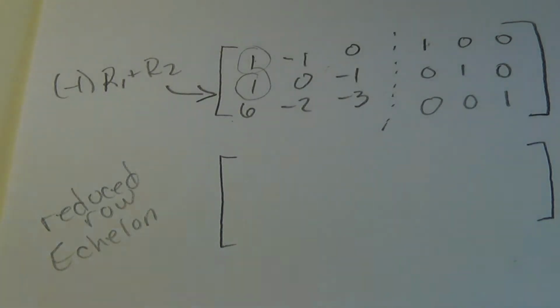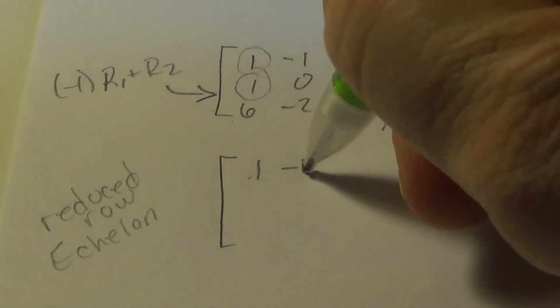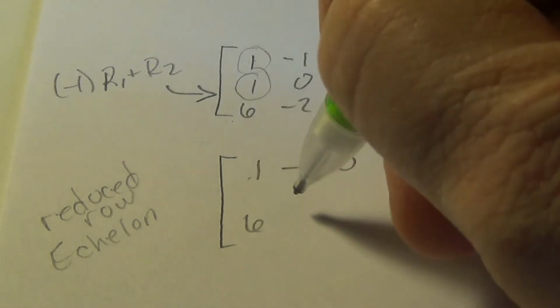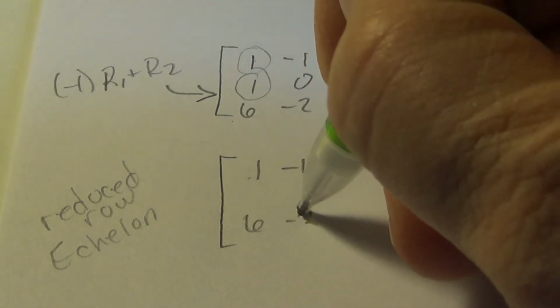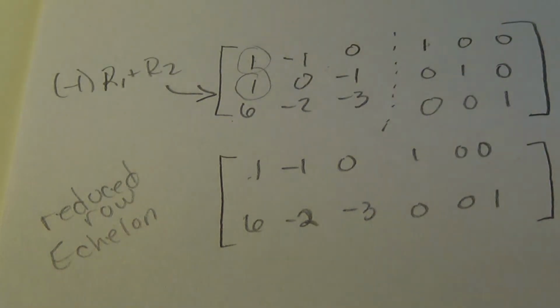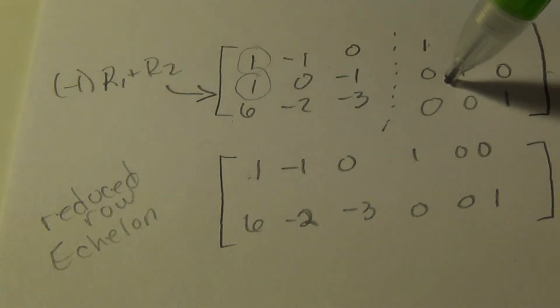All right, when I do that, I get the first row and the third row unchanged. So I always try to avoid mistakes by putting those in first. And the only one that changes is this one. I multiply the first row by negative 1 and add it to the second.